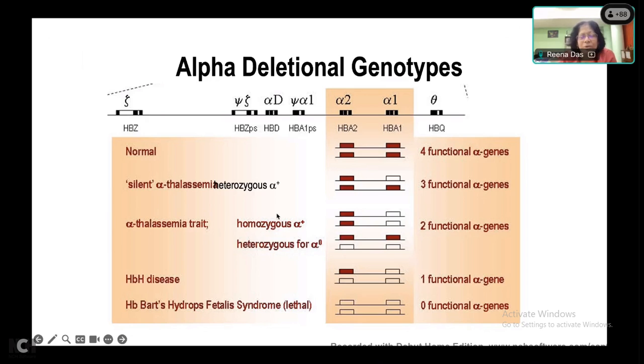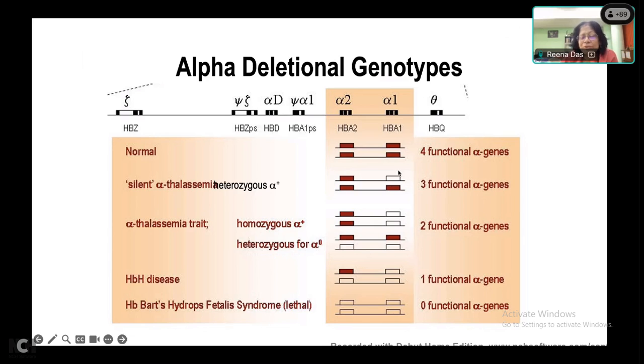So we call it a homozygous alpha plus here, and this would be a heterozygous alpha 0 when one of the alleles is normal with 2 functional alpha genes, and the other allele is alpha 0. So we'll say that this individual is alpha 0 compared to alpha plus in this situation.